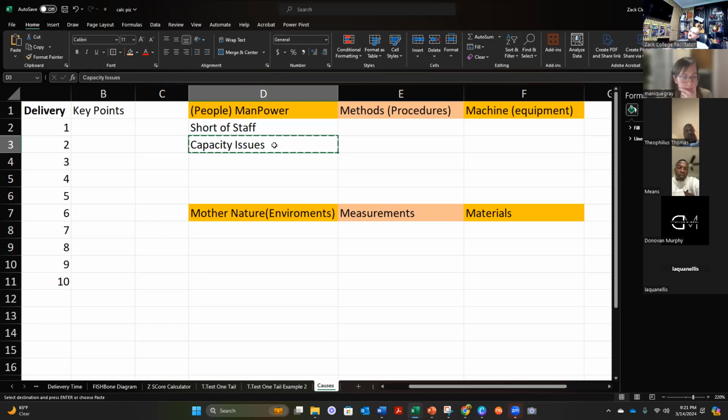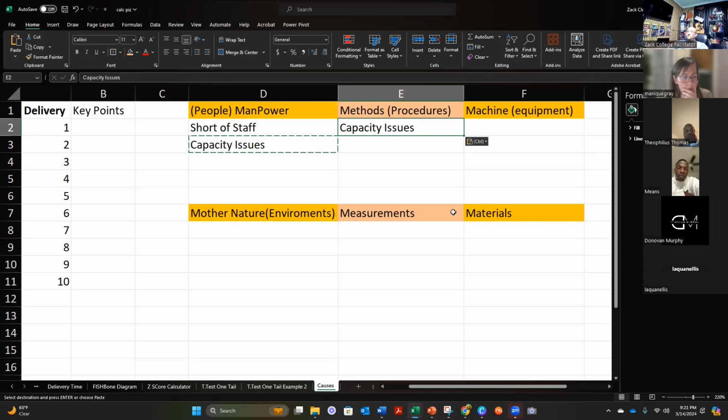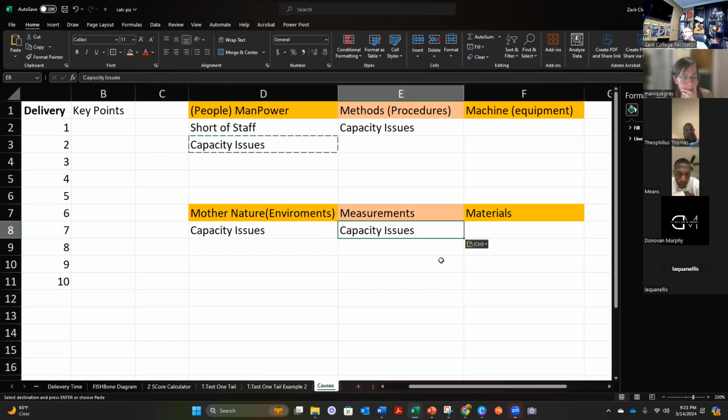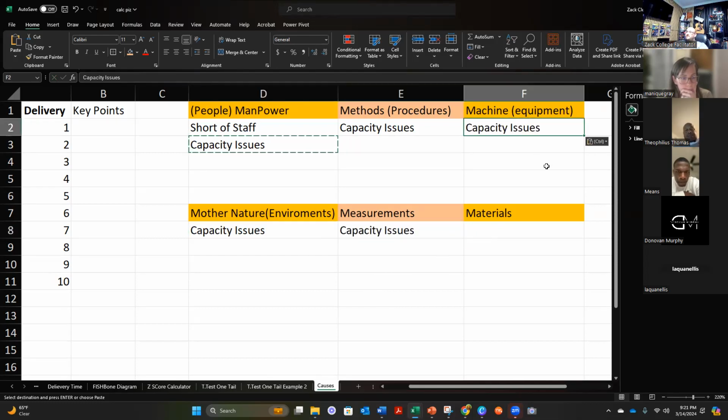Methods and procedures, training? Boom. Boom. What else? Measurements, yeah. About skill set or the talent. Skill set, right?